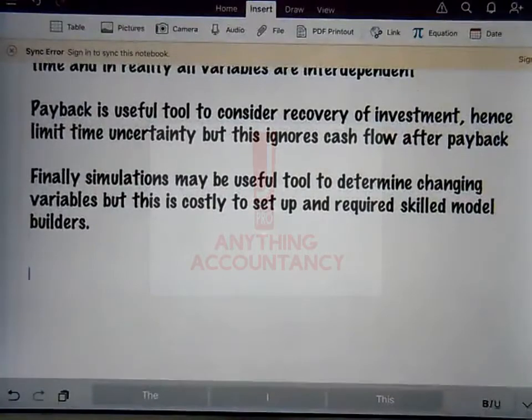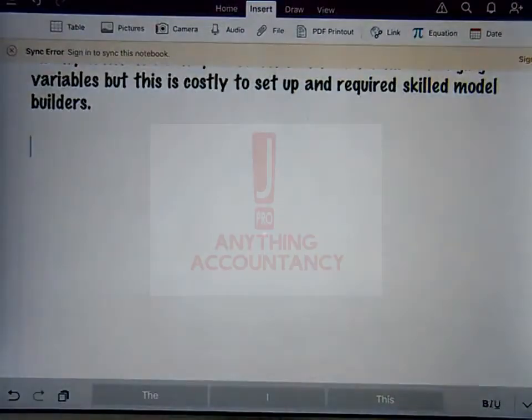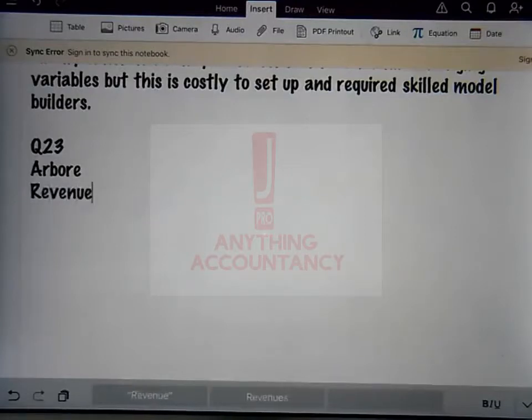So we're doing this question, and when you're doing this question, let's go to this question. This question is called Arbore. Okay. This question focuses on one issue. Okay, let's look at this issue here. First part, you need to figure out the NPV, yes or no. Okay, and you're already given just the investment, but they already told you the cost and this one. So what is the revenue?